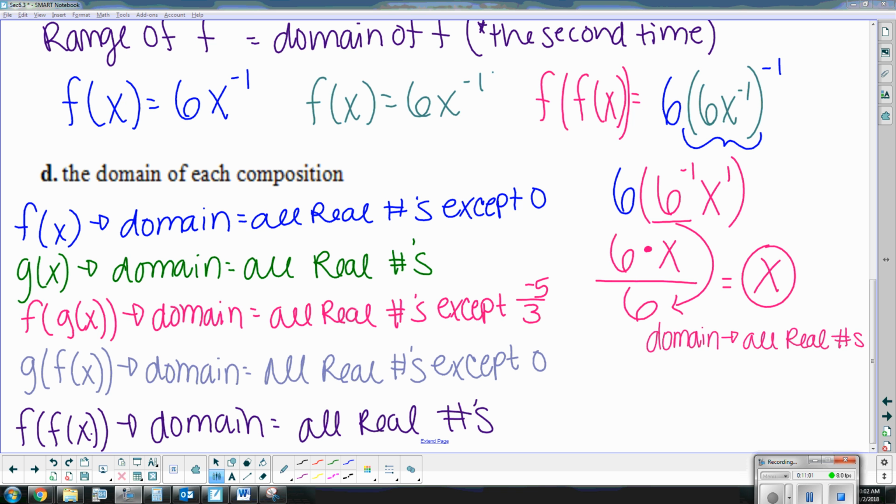When you take the composition f of g of x, or g composed with f, the domain is all real numbers except negative 5/3, because when g of x is negative 5/3, the function is undefined. G of f of x, or f composed with g, the domain is all real numbers except for 0. And then lastly, f composed with f, the domain is all real numbers.